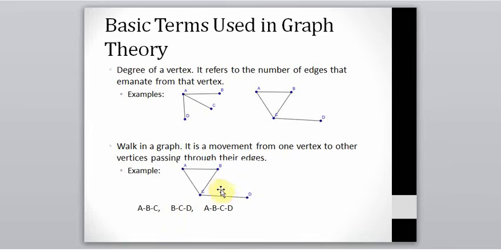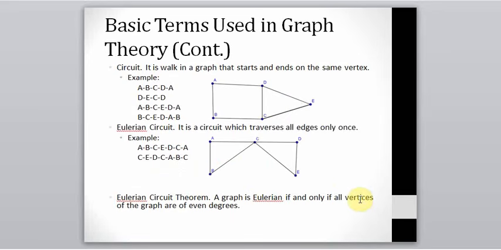Another example of a walk from this figure is B, C, and D: you have B to C to D. Here, A, B, C, and D: a walk from A to B to C and to D. There are a lot of walks from this graph, as long as there is a movement from one vertex to other vertices passing through their edges. So that is for a walk.